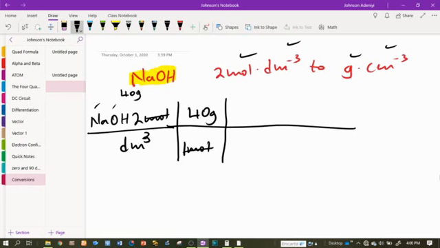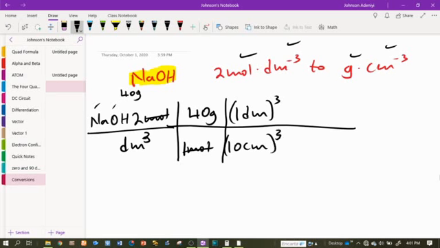So you convert dm cube to cm cube. Let's start with the centimeter to decimeter before looking at the cube. How many centimeter make 1 decimeter? So we have 10 centimeter make 1 decimeter. Then you cube it.